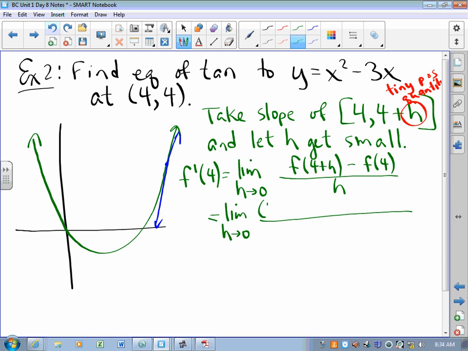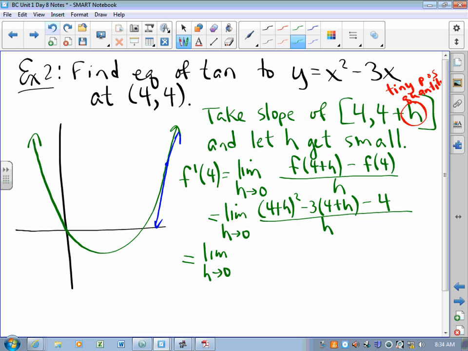(4 plus h) squared minus 3 (4 plus h)'s. What is f of 4? f of 4 is what we get when we substitute 4 in for both x's. And I'm pretty sure that that is 4, over h.